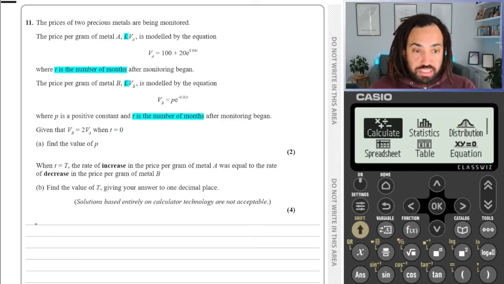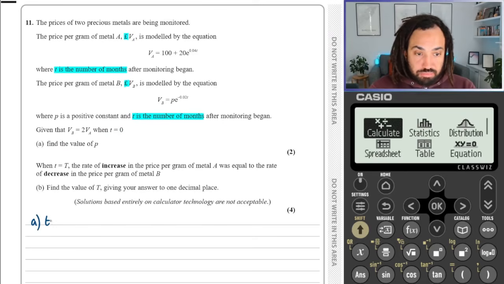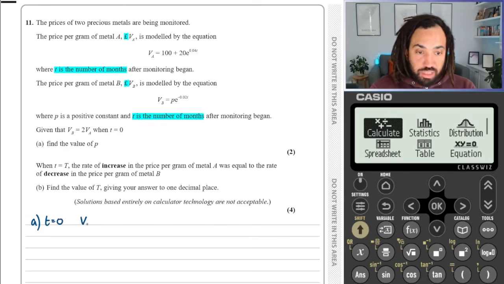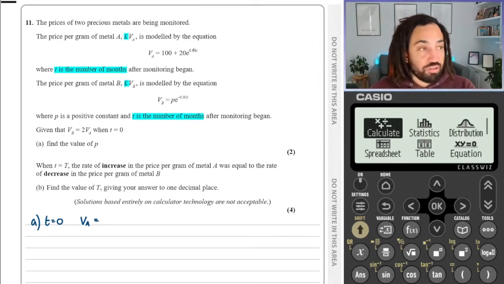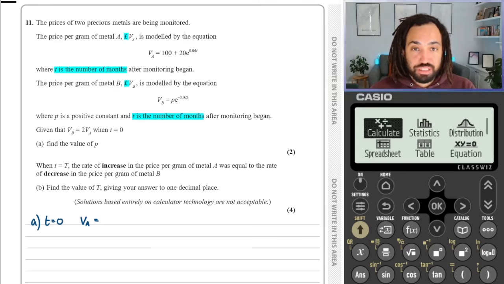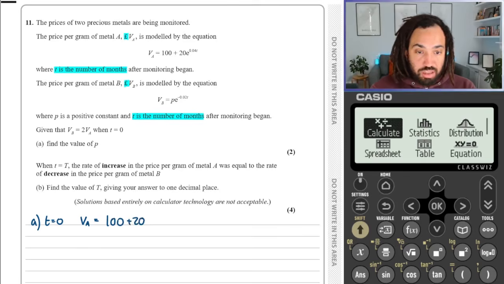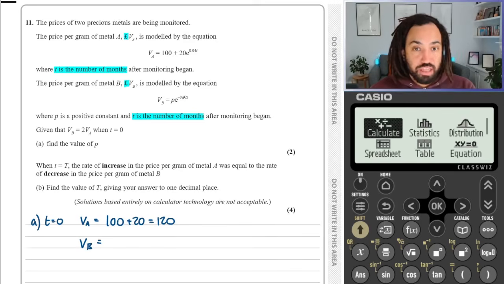Okay, well, when T is equal to 0, we get that VA is equal to, well, if T is 0, then this power here is 0, and e to the 0 is just 1, so we end up with 100 plus 20, which is 120. Now VB, when T is 0, again, this power will be 0, so e to the 0 is 1, so we'll just have p times 1, which is just p.